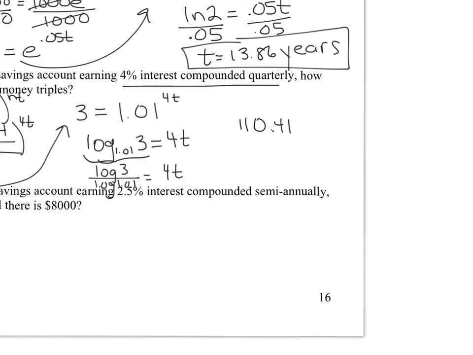I don't really care what that number is because I'm just going to divide it by 4. So we get approximately 27.6 years. So about 27.5 years will it take for your money to triple.